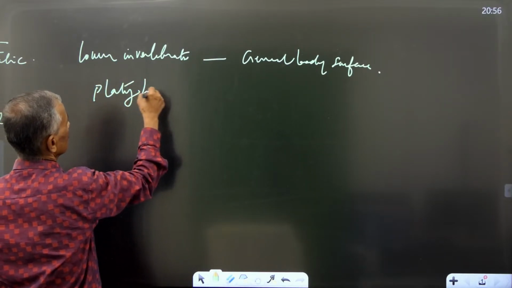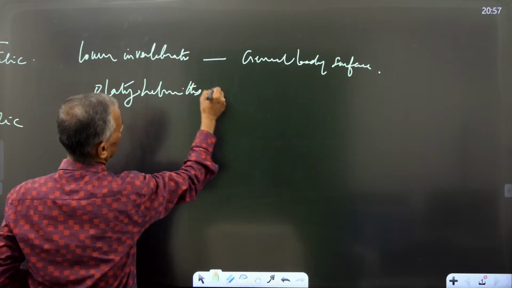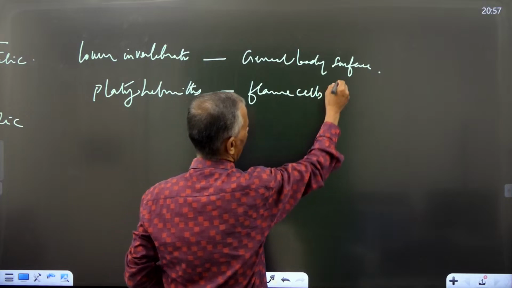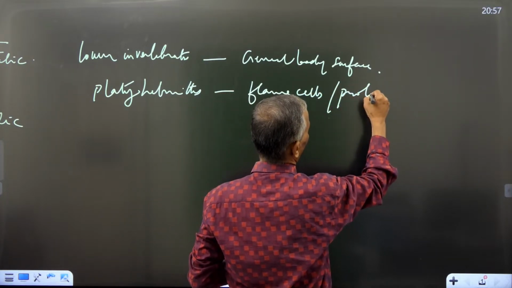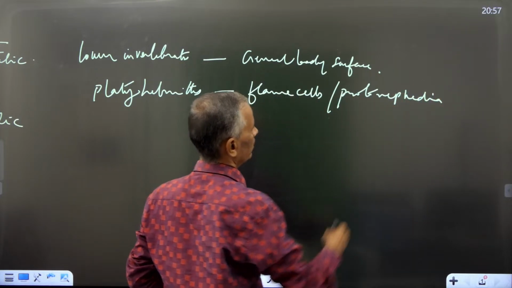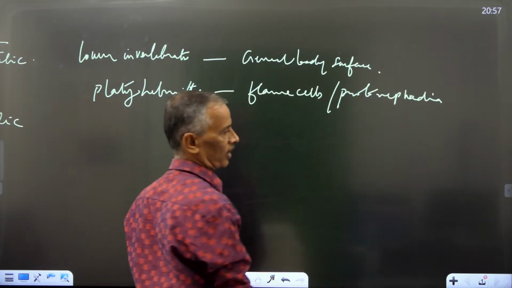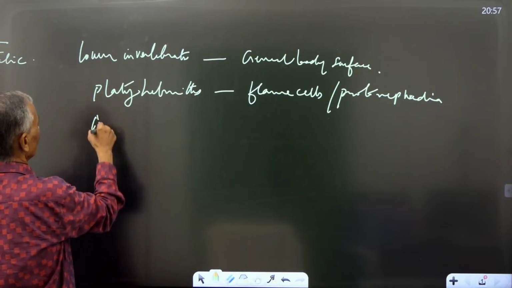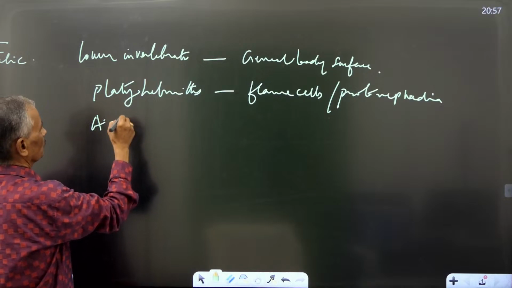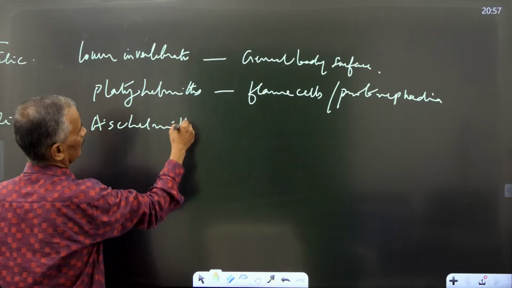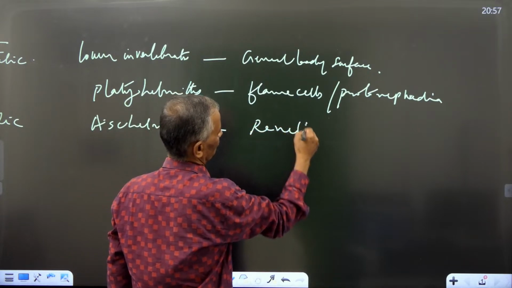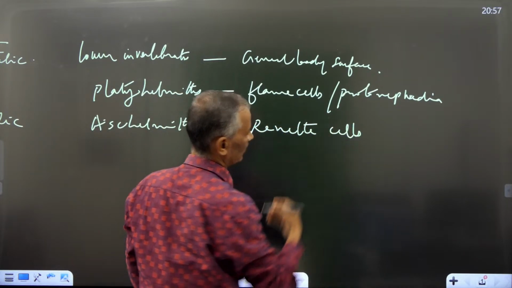Platyhelminths have flame cells. Flame cells are also called protonephridia. They have protonephridia as their excretory organ. Aschelminths, please take down this note, this chart. Aschelminths have some tubes called renette cells as their excretory structures.